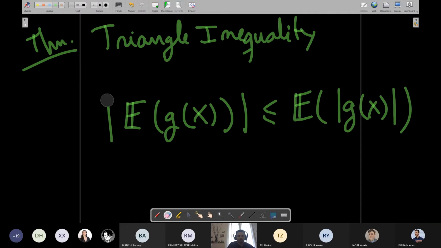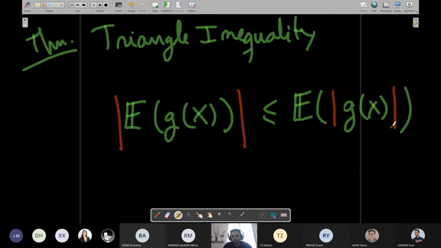The important thing are those absolute values. Let me put it in red, or a more visible color. Red is fine. They change the place where they are.